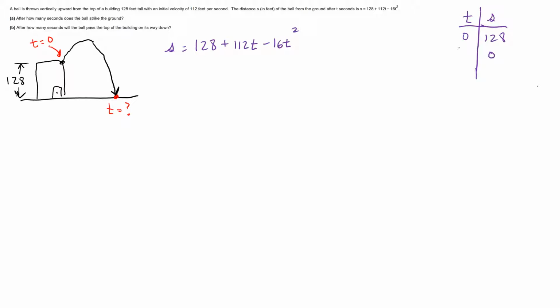It wants to know the t value when S will equal 0. So to do part A, we're gonna replace S with 0. Then I have 0 equals 128 plus 112t minus 16t squared. And now we just have to solve this equation.